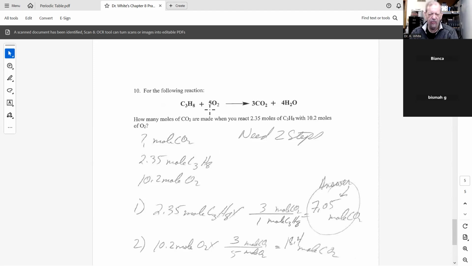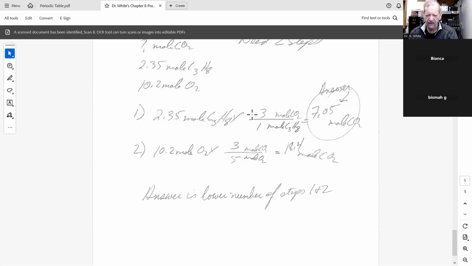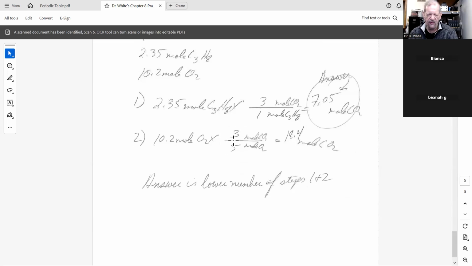In this case, for every 5 moles of O2, we make 3 moles of CO2. The coefficients are molar relationships. For every 5 moles of O2, we make 3 moles of CO2. For every 3 moles of CO2, we need 5 moles of O2. Those moles of O2 divided by moles of O2 cancel out.